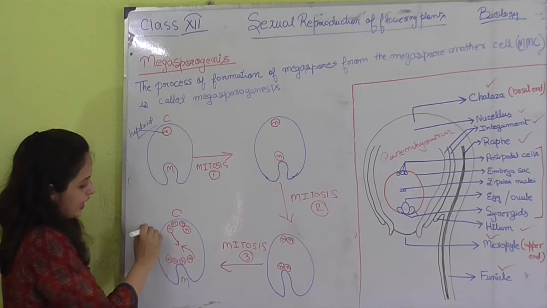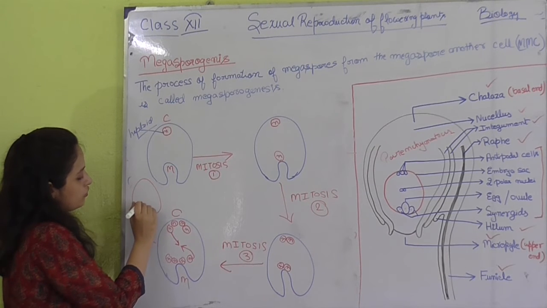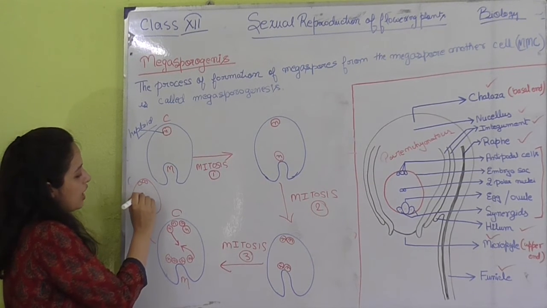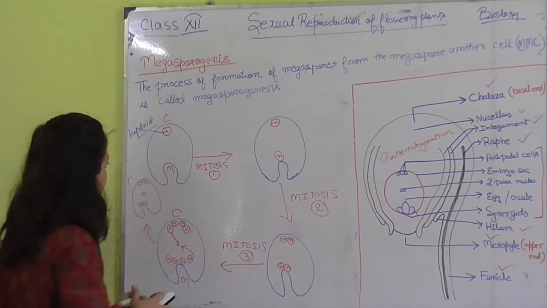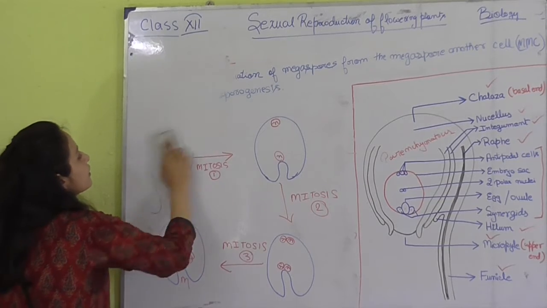So it will look like this. Here are the 3 nuclei present, here are the 3 nuclei present, and 2 are found in the middle. So let us draw it more neatly and more briefly.